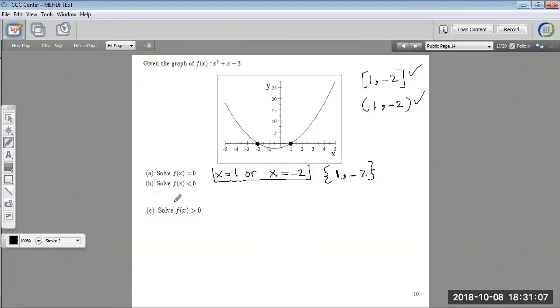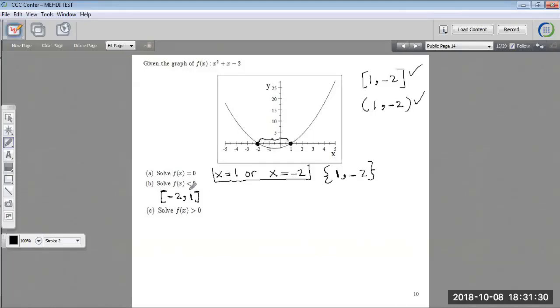So this would be brackets because those endpoints are included: -2, comma 1. Now we're looking at all the numbers from here to here. For this domain, from -2 to 1, this function would be below 0, less than 0.